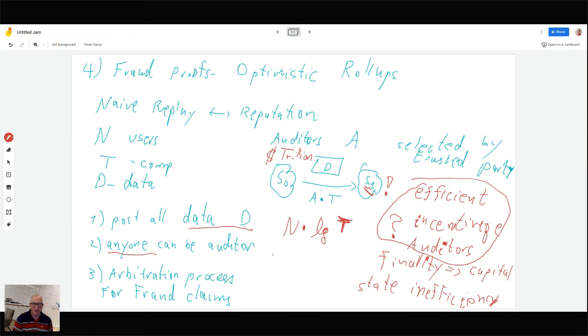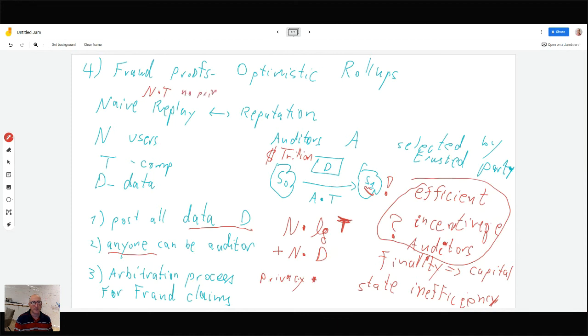Another problem is that of privacy and the fact that all users need to read the data. So if the data is large, then each one of the users needs to read this data in order to be able to follow the arbitration and serve as a jury. So there's also this problem of privacy now, because everyone sees the data. In terms of efficiency, if you compare it to naive replay, the cost was n times t and no privacy.